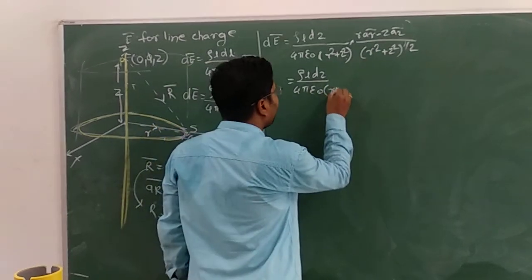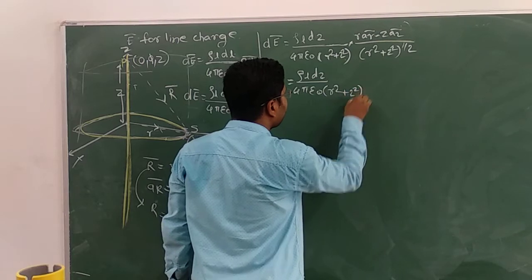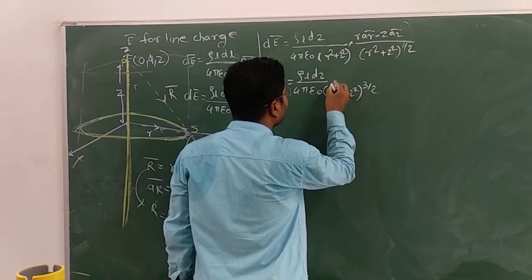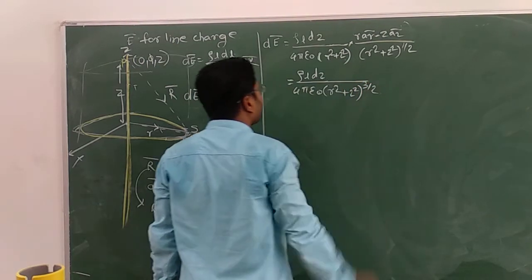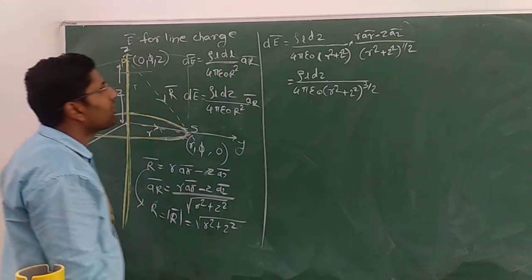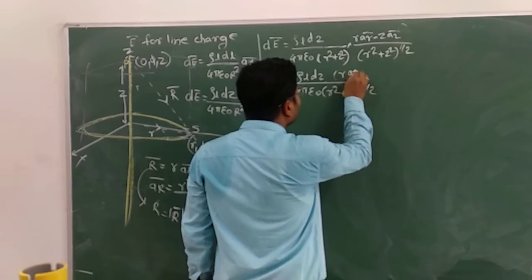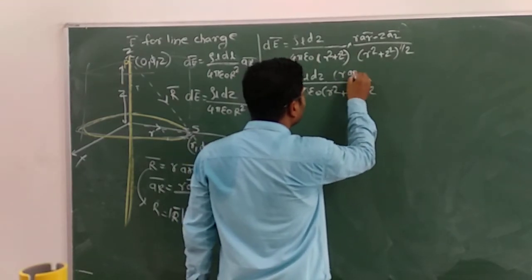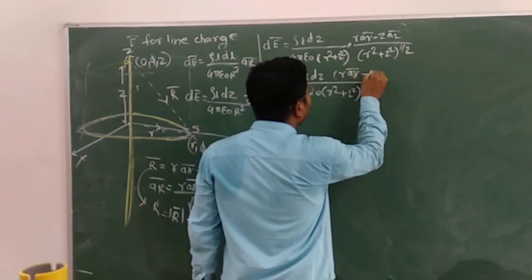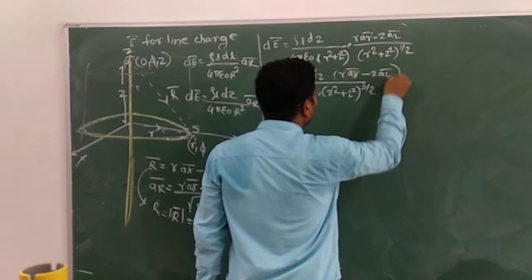So (R square plus Z square) raised to 3 by 2, and in the numerator it will be R aR bar minus Z aZ bar.